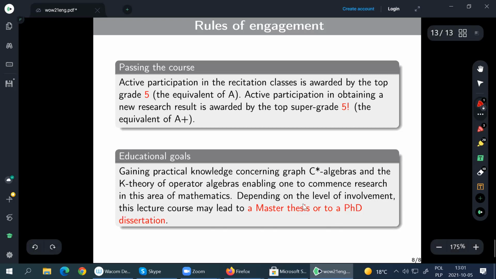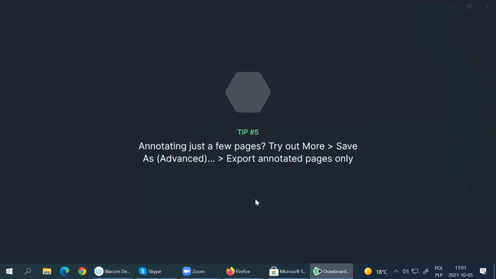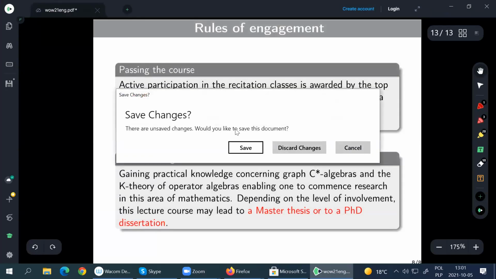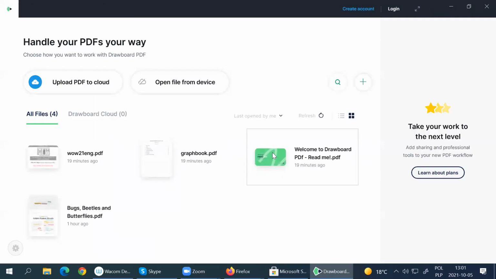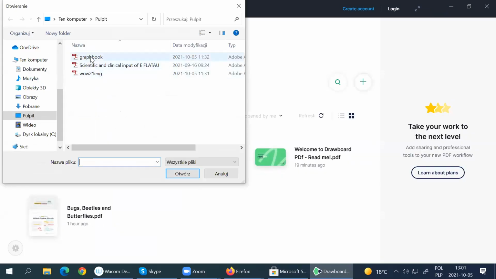And I think now I can go to concrete mathematics. So, oops, I shouldn't have closed it. I just want to start another file. So I just discard changes and open from device. And now the graph book.